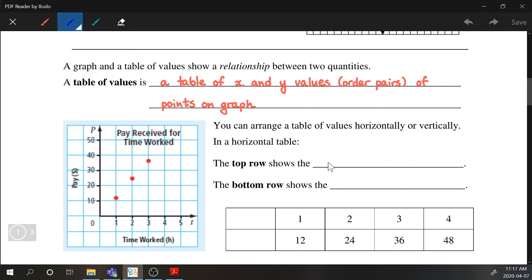So the top row, you can see 1, 2, 3, 4. Those correspond to our x values here, time worked. So the top row will generally be the x values, and the bottom row will be the y values.